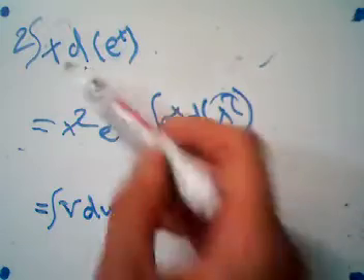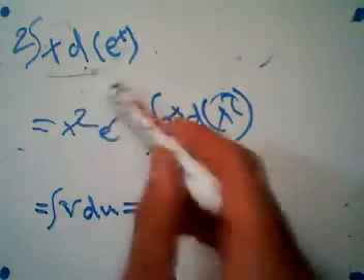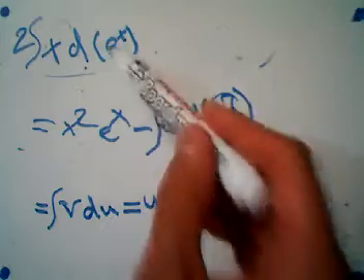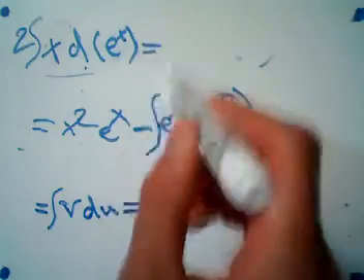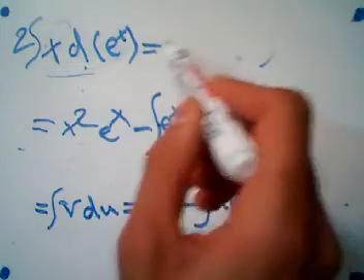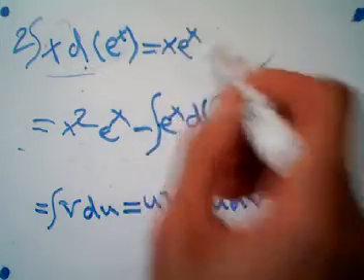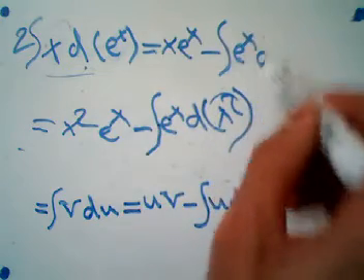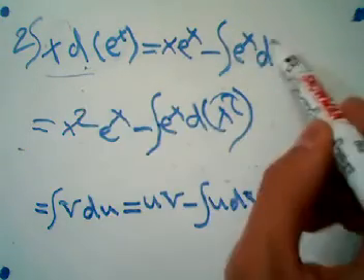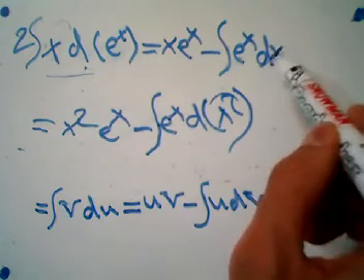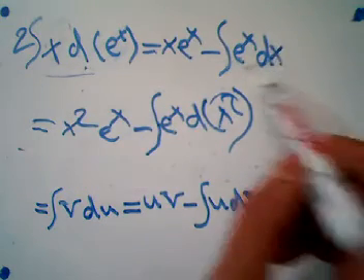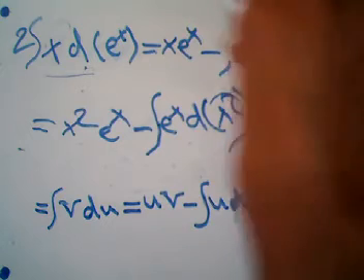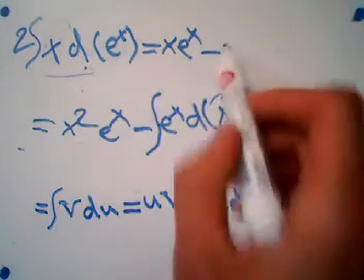So again, for this integral, v is x and u is e to the power of x. So this would be equal to x e to the power of x minus the integral of e to the power of x dx, which is our v. So this is e to the power of x plus some constant.